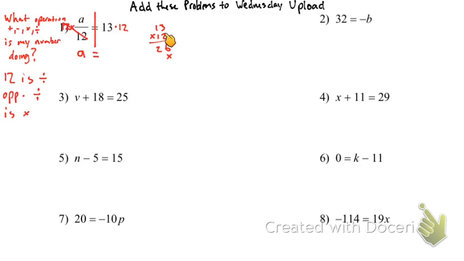Then we go 1 times 3 is 3. 1 times 1 is 1. Then we add this stuff up. So that's 6, 5, 1. Okay, so that's how we do number 1.